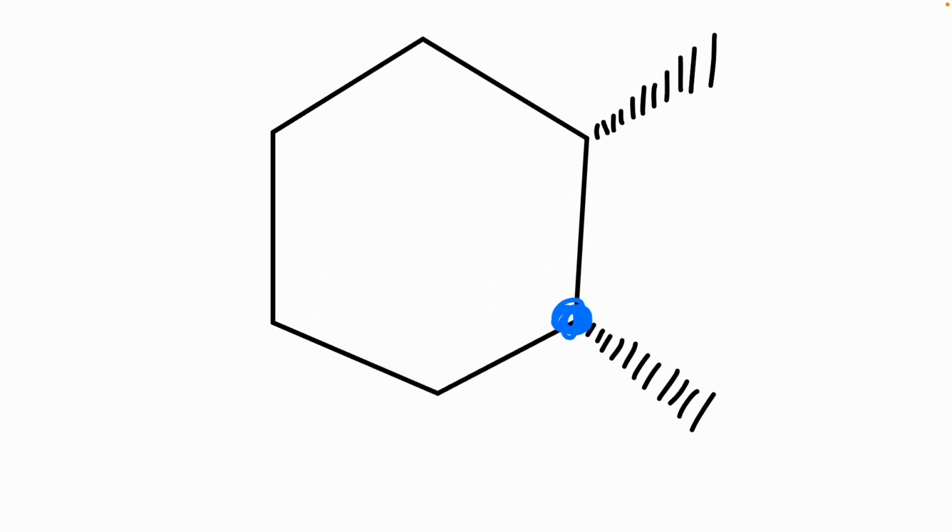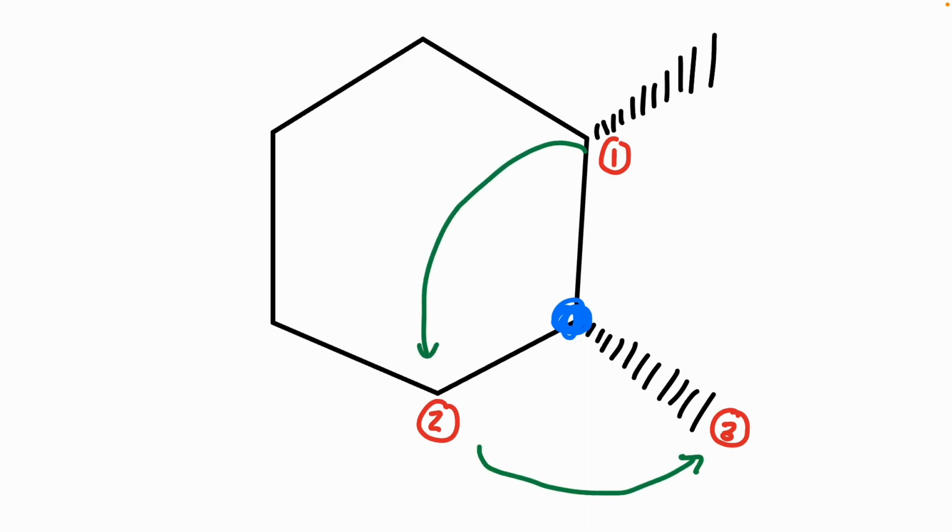All right, let's look at this one. Now this is priority 1. This one's priority 2, and this one's priority 3. One to 2, 2 to 3, 3 back to 1. This is clockwise. No, it's not.